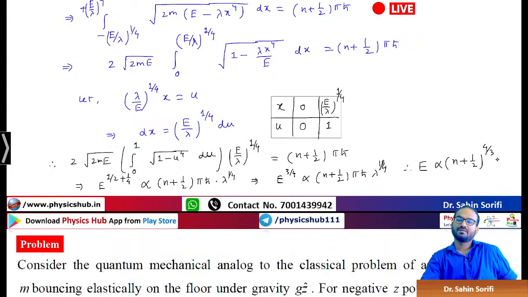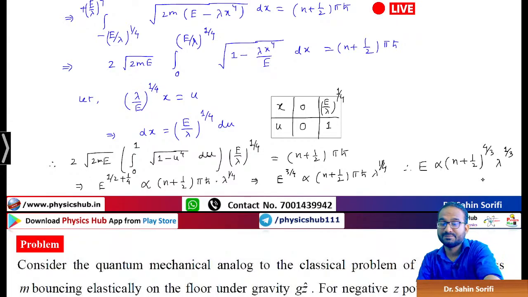Lambda to the power, we have multiplied with 4 by 3, so 1 by 3, and this is matching with the options. The pi h cut is also absorbed.